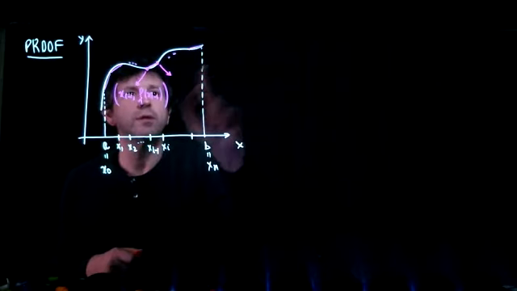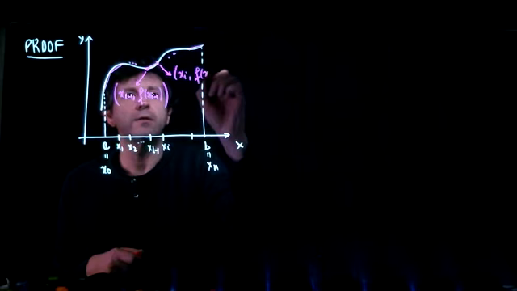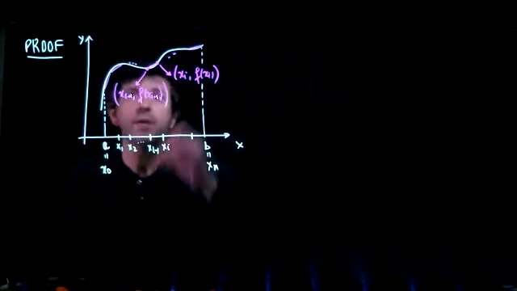That's the point here. And this point here will be xi and f of xi. Okay. And now I'm going to find this length. I'm going to call this length Li, length i. So the ith length, the first length, second length, third length, and so on until the nth length. And I'm going to add all these lengths.